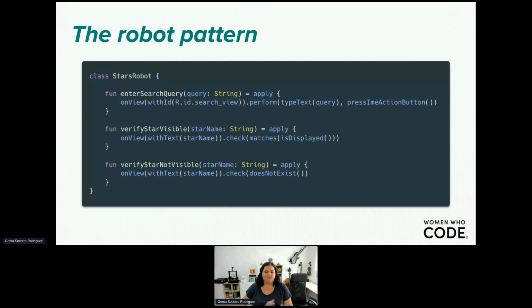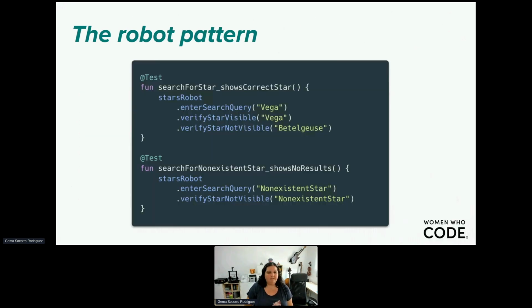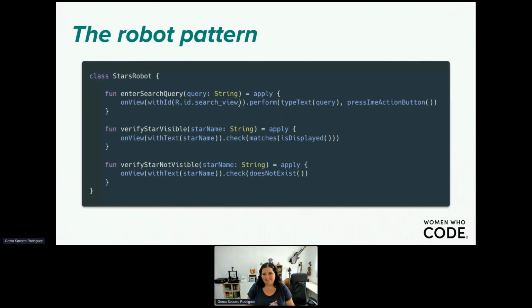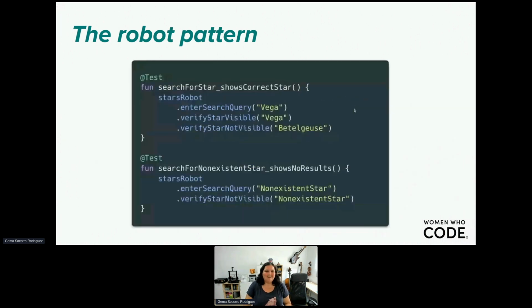Then we are verifying if certain star name is visible, and then we'll verify if a certain star name is not visible. Then for our test, we can have something like that. It's very readable, and just having a quick look at the tests, you know what it's doing. You don't have to navigate in these Espresso long sentences.